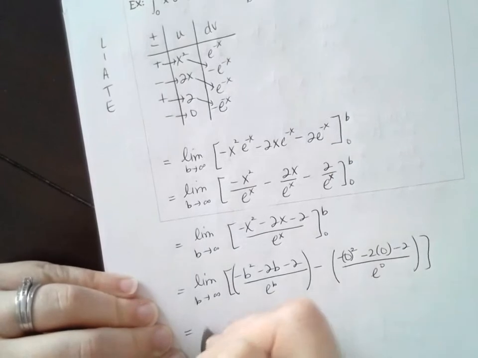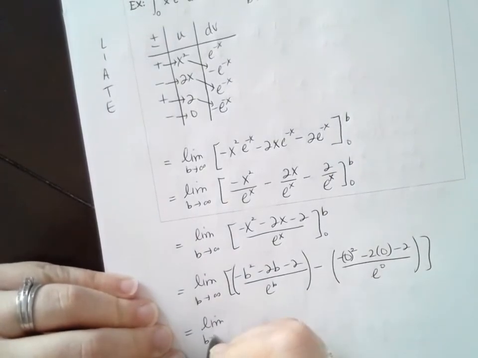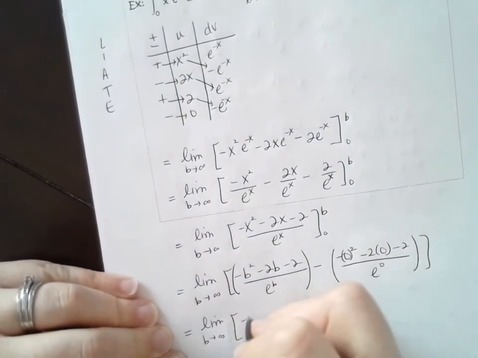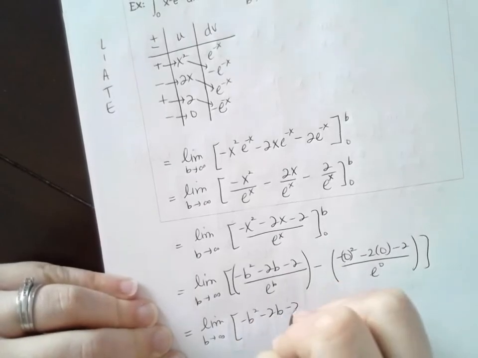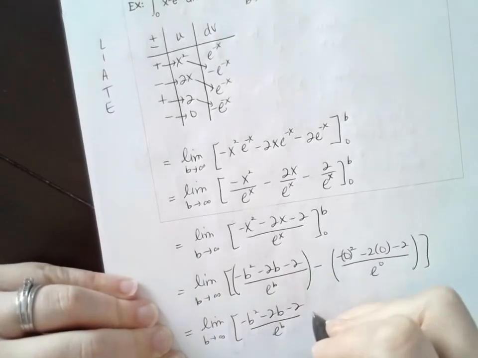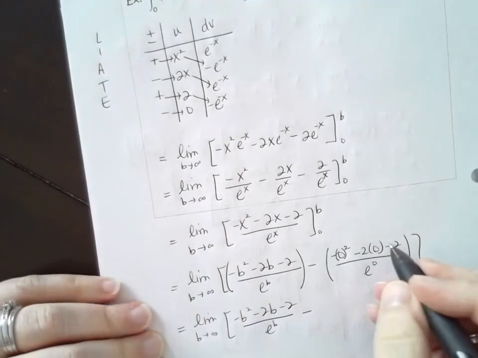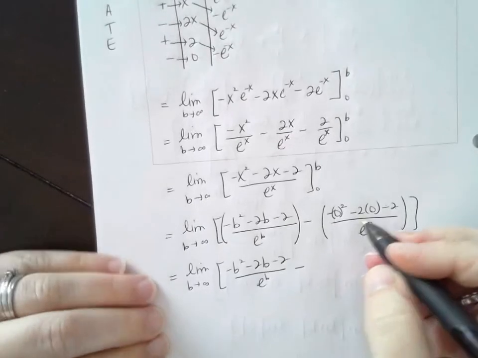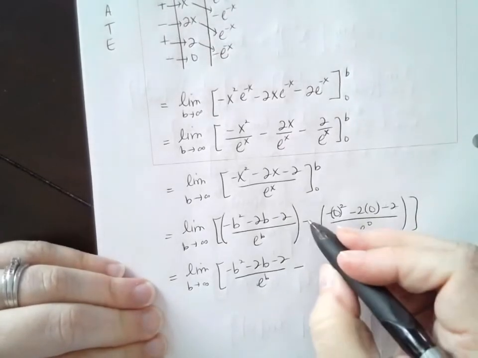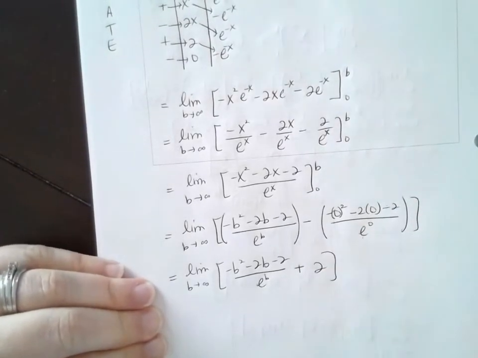I can evaluate the right term here. I can't evaluate the left just yet. Zero minus 2 is negative 2, and this denominator is 1. So this is negative 2 over 1, but a negative in front is a positive 2.